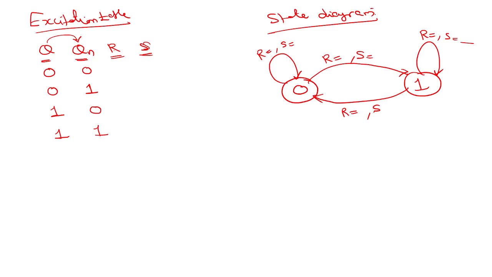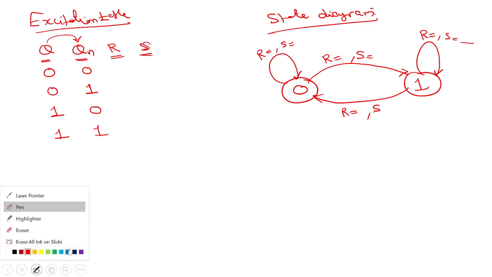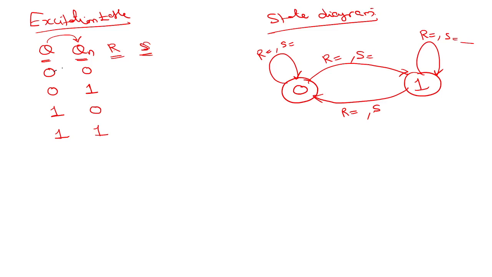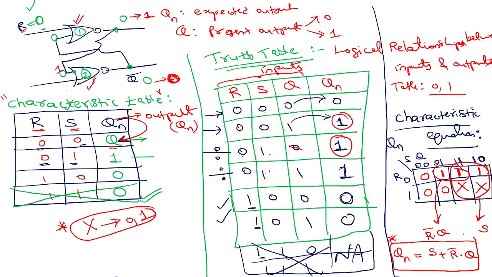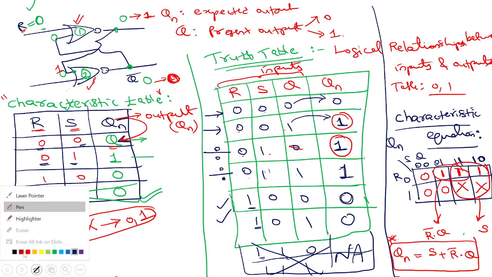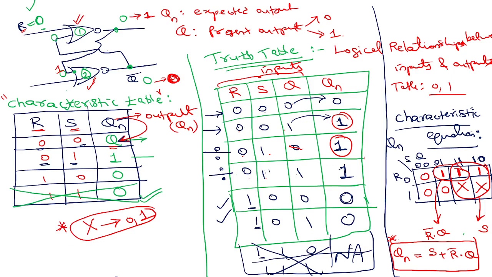That's all. So now tell me, anybody want to attempt? Very easy actually. I want to go from 0 to 0. What should be the R and S? Now you check all the conditions where you are moving from 0 to 0. This is one condition where we are moving from 0 to 0. Where is another condition here? You see this scenario?